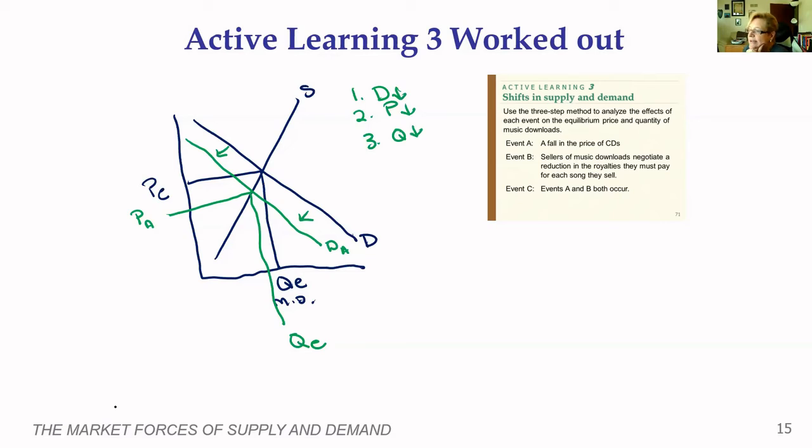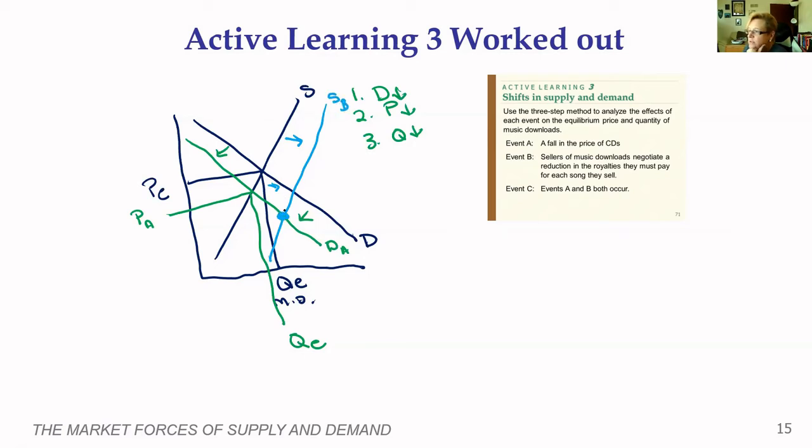Okay. Now we want to look at event B. Event B says that our input price fell. So now we know that when input prices fall, the supply curve is going to shift outward and to the right. So this is supply B. Remember, we have to find our new equilibrium.